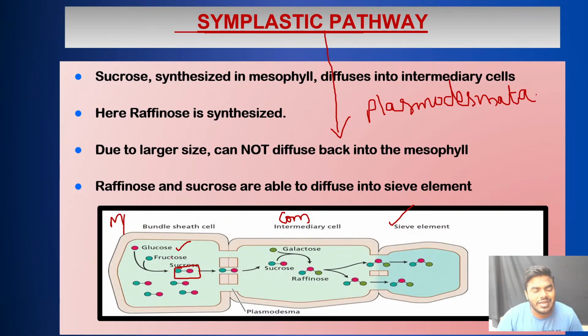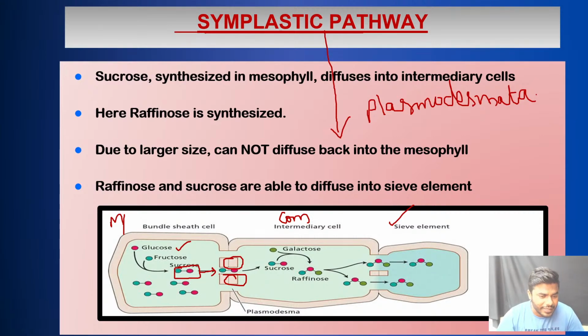Friends, the question here is how does the sucrose start moving from the mesophyll or bundle sheath cell towards the companion cell? They start moving towards the companion cell via plasmodesmata.